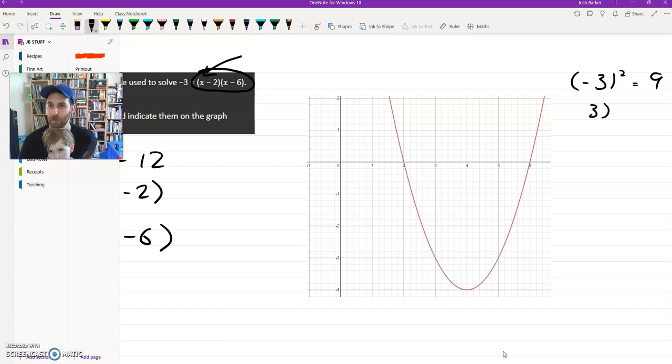If we do positive 3 squared, we get 9 as well. That's why we get this shape of the graph, because it works for positive and negative values. But what the question is asking is, how can I use this graph to get an output of negative 3 when I have an input of whatever x values I'm looking for?